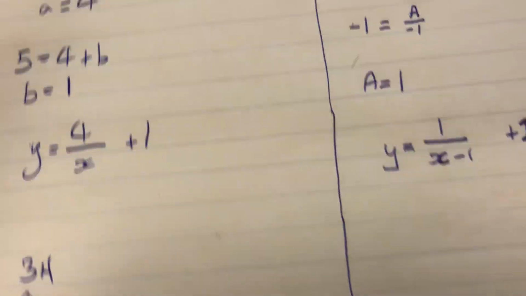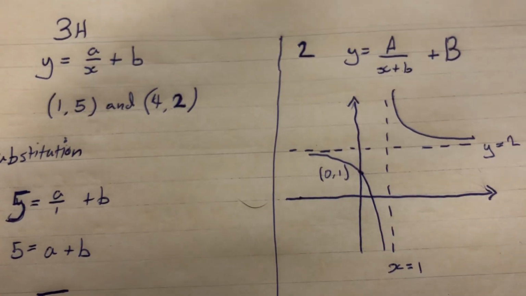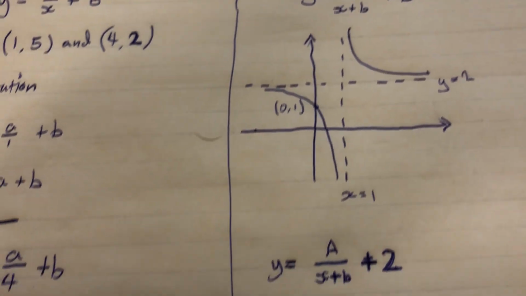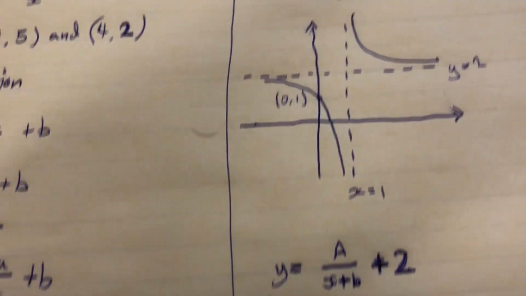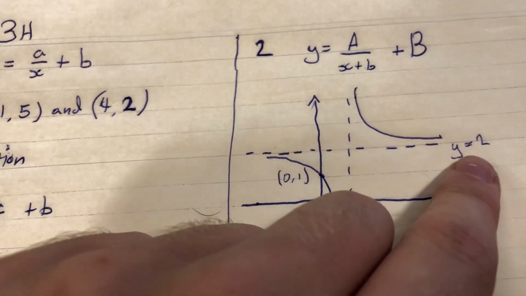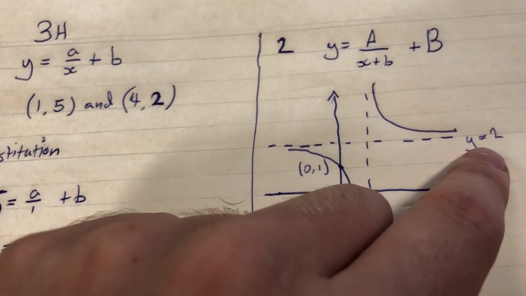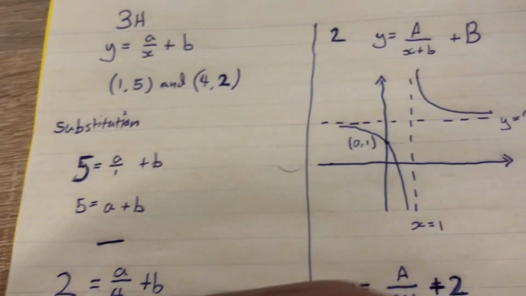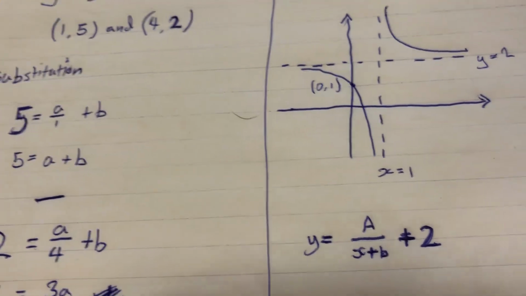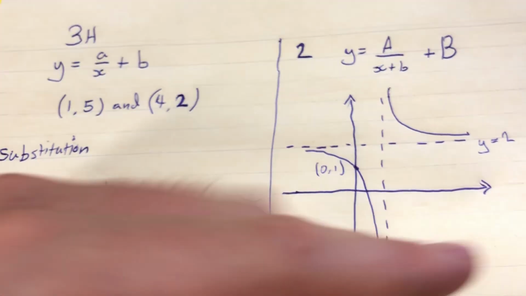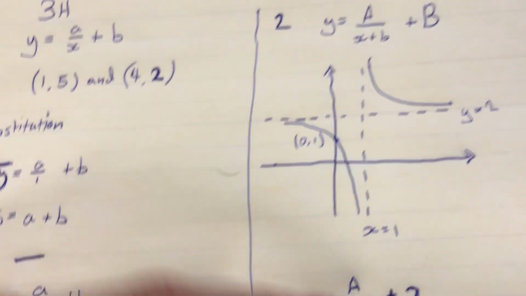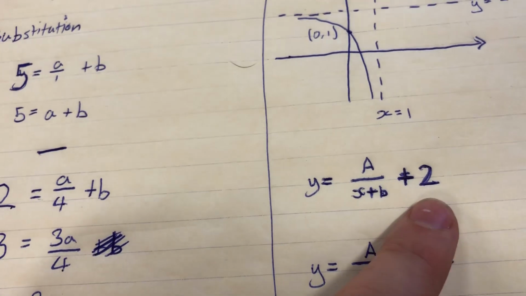Alright, so let's go through how I'd solve an equation like this. We've got our graph there that I've drawn up. I'm going to first look at this y here. Usually when we have a vertical asymptote for our hyperbolas, it goes across our 0. I can see that my graph has been shifted up 2 spaces, so I've put a +2.